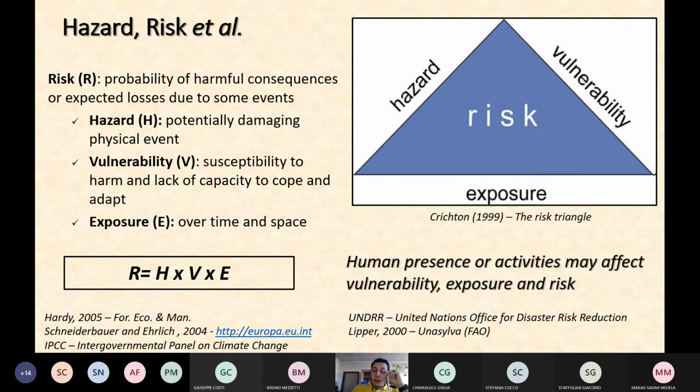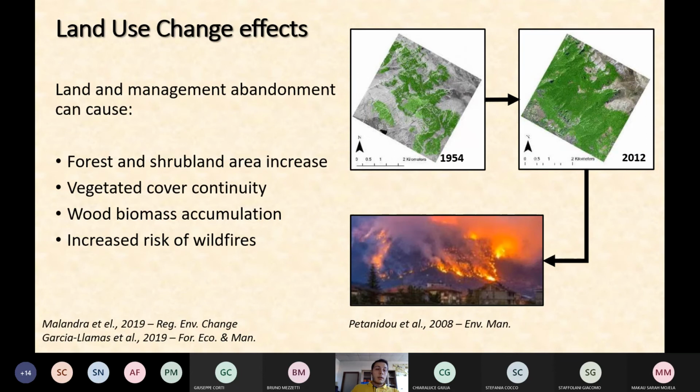Vulnerability, but also exposure, are important factors that can be affected by human activities and inactivities, as for example the land use change that can cause an increase in the forest and shrubland area, mainly due to abandonment and management withdrawal.